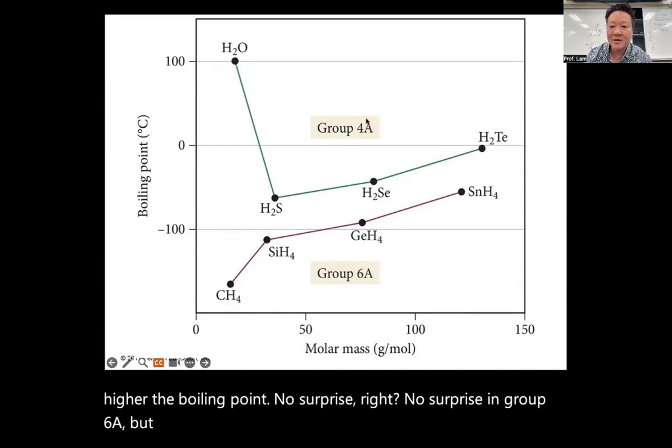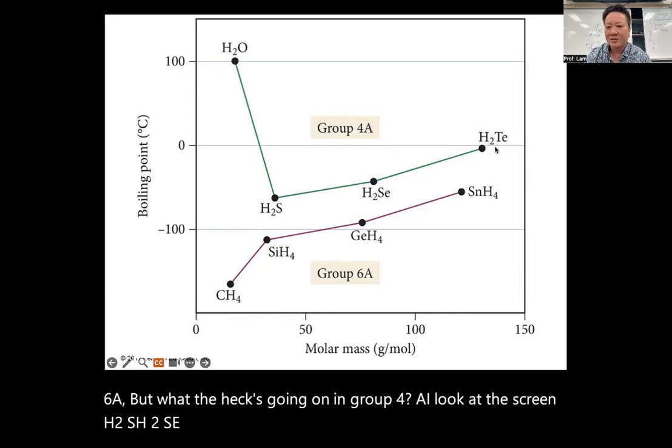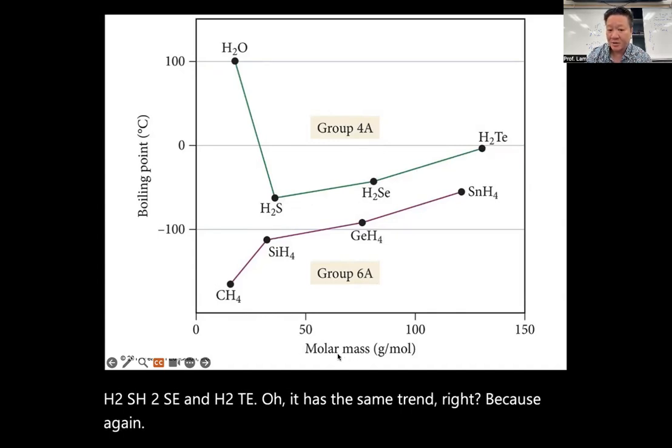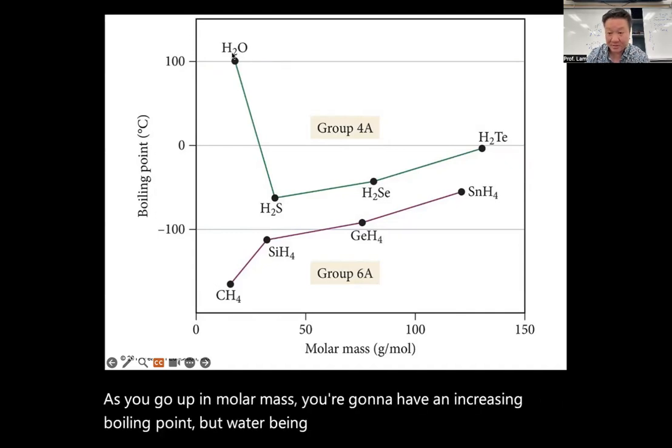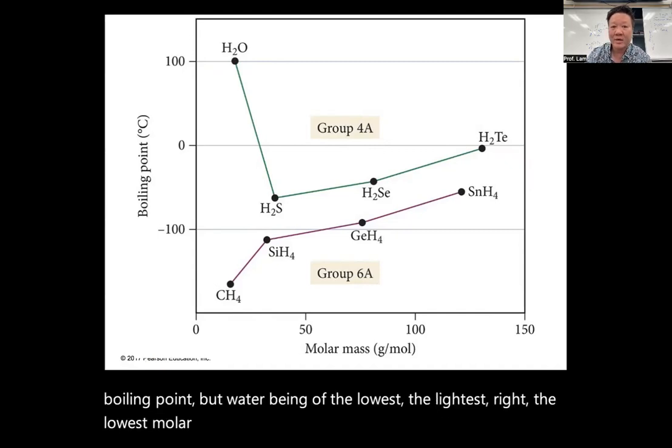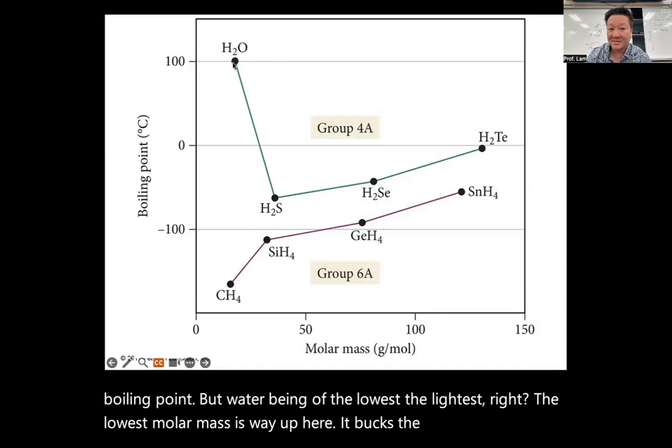But what the heck's going on in group 6A? All right, look at the screen. H2S, H2Se, and H2Te. Oh, it has the same trend, right? Because again, as you go up in molar mass, you're going to have an increasing boiling point. But water, being the lightest, the lowest molar mass, is way up here. It bucks the trend vastly, right?